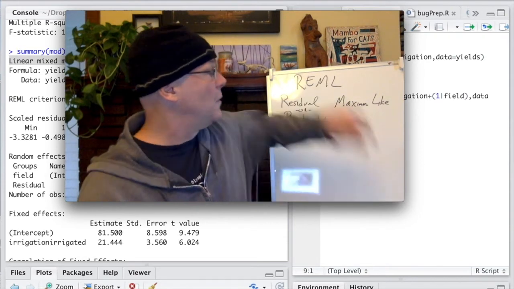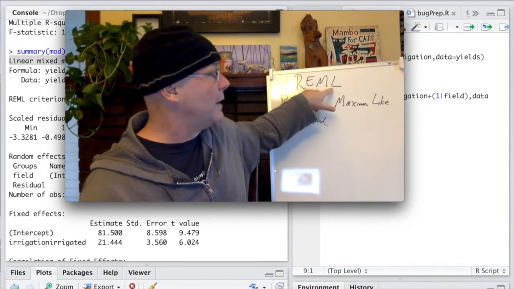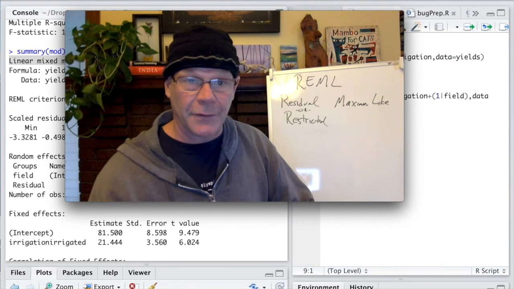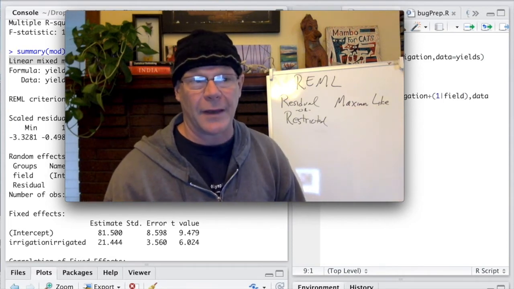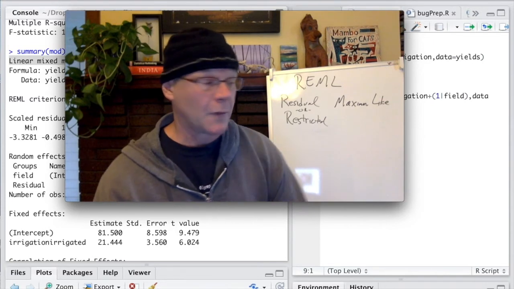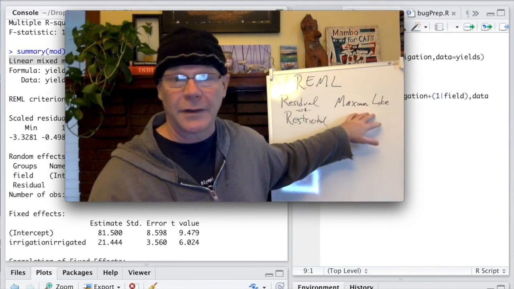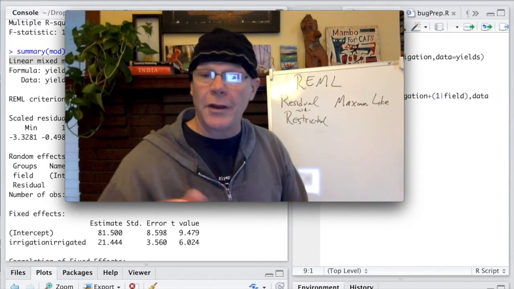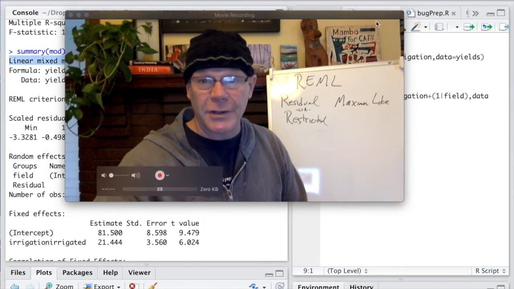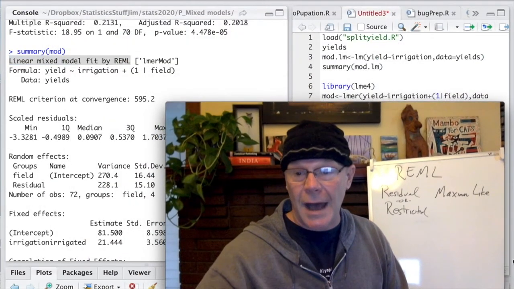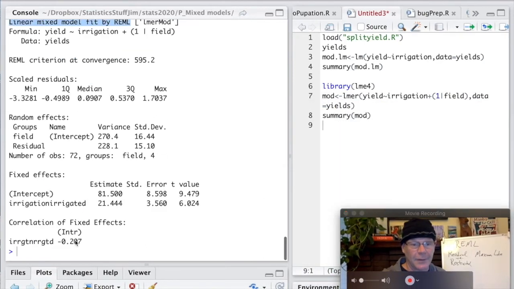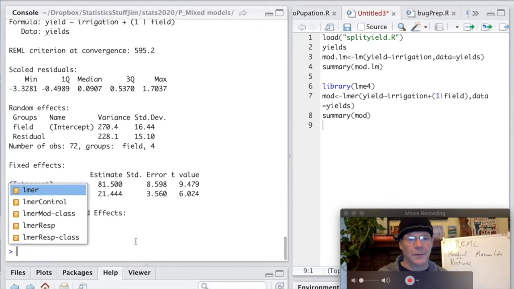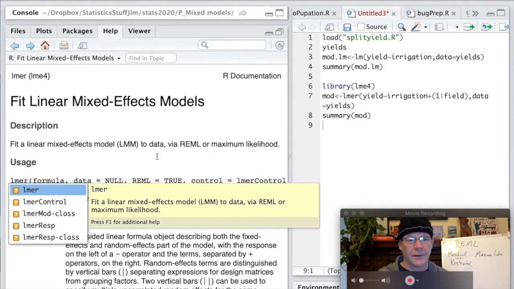And so what REML is doing is using maximum likelihood for the error term, and then the rest of the model is being done as standard ordinary least squares. There is an argument within the lmer function that you could actually say REML equals false, I believe. Let's see here, question mark, lmer.